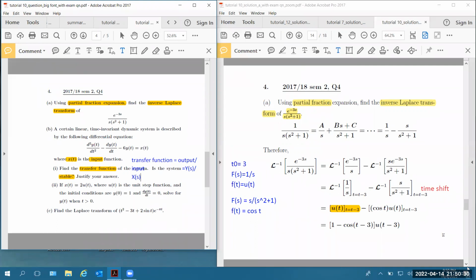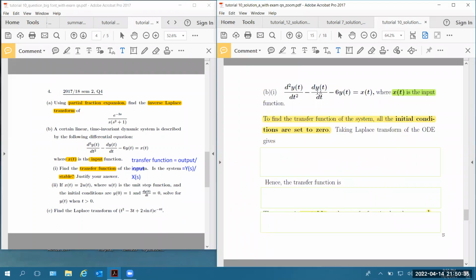So let's go and find this transfer function. Here is our differential equation. To find the transfer function, we need to set all the initial conditions to 0. This is when you want to find a transfer function. Because we want the s domain, this ODE we Laplace transform the whole thing.